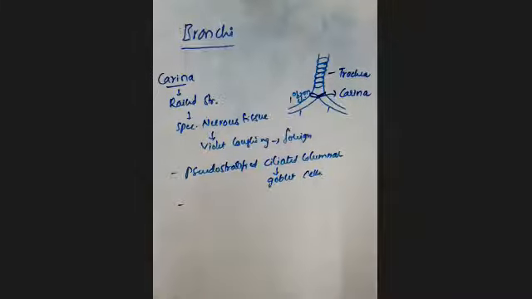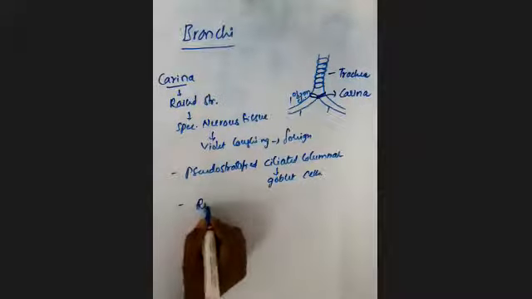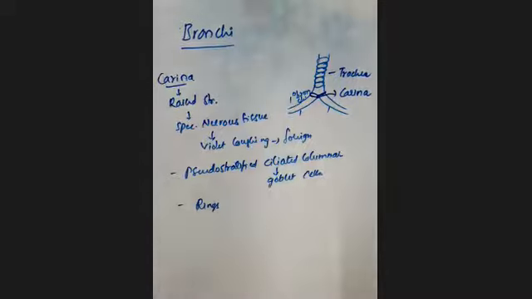And the rings of cartilage support the structure of the bronchi and prevent them from collapsing. The primary bronchi are also made up of rings like the trachea, which give structural support and prevent collapse.